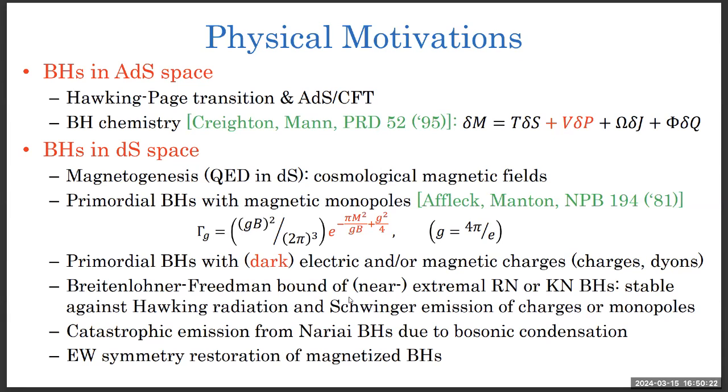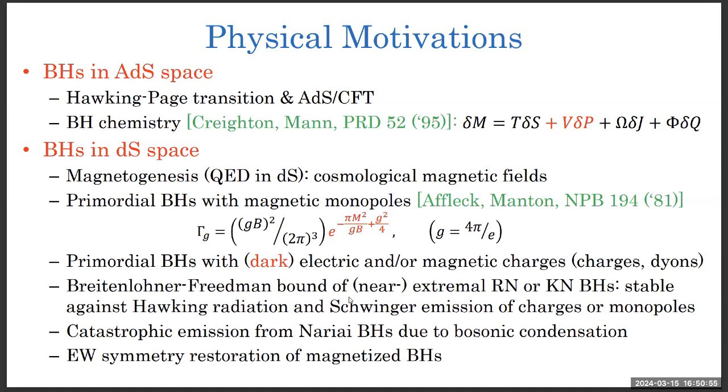However, in this dark QED model, because the coupling of these dark charges with the dark photon is very small, almost the same strength as gravitational interaction, there may be some dark charged primordial black holes. That is one motivation. The other two, I'll go to later in detail.